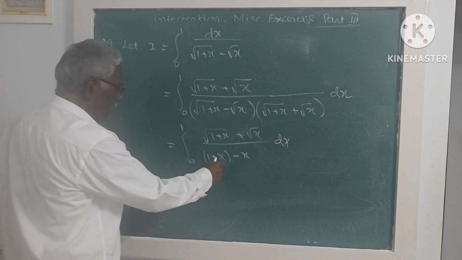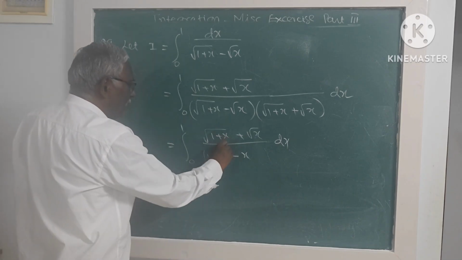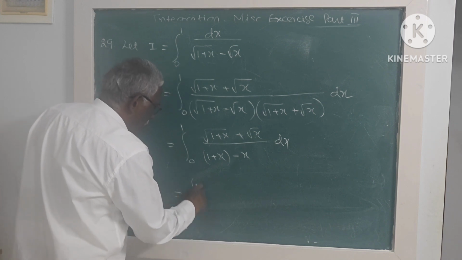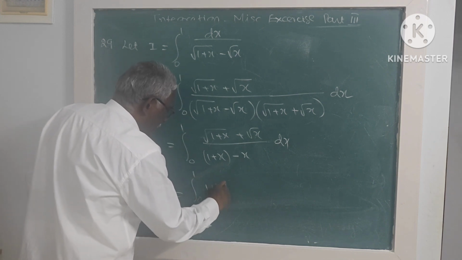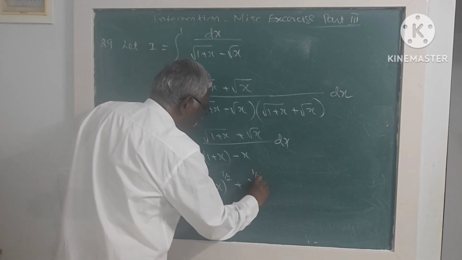So the denominator simply becomes 1. Now if we integrate, we can write integral 0 to 1, 1 plus x power half plus x power half dx.